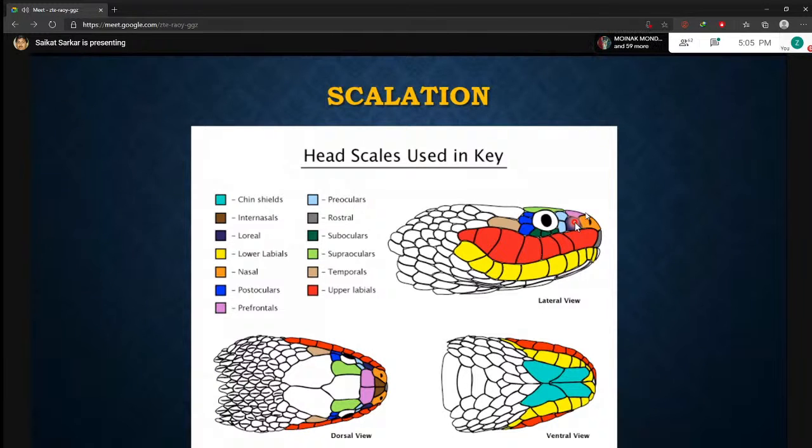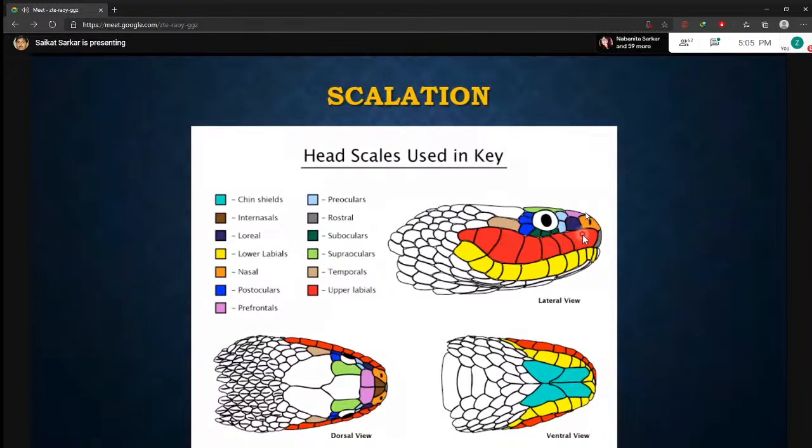There are certain colubrids which are having this loreal, but still they are venomous. But those are exceptions. More than 90%, or more than 95% cases, you will find non-venomous snakes will be having this loreal scale, and the venomous ones don't have this scale.